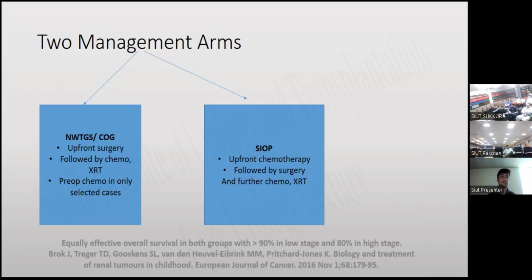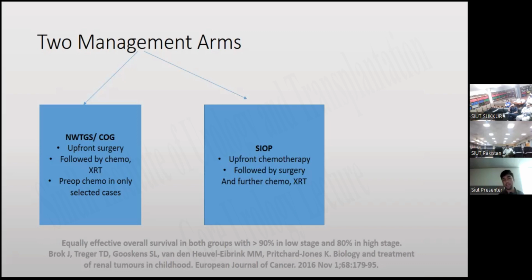They say that preoperative chemotherapy is given only in selected cases. SIOP, which is followed by other institutes as well, says that we give upfront chemotherapy followed by surgery: biopsy, chemotherapy, and then we do surgery. And then further adjuvant chemotherapy or radiation depending on the stage.